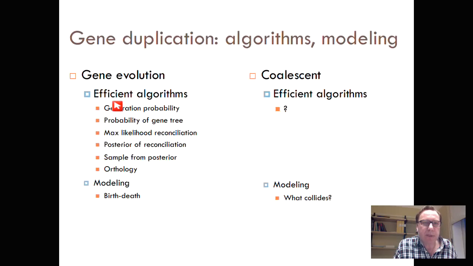Also, in terms of efficient algorithms, we have a number of efficient algorithms for basically any probability you would like to calculate: the generation probability, the probability of a gene tree, the maximum likelihood reconciliation, the posterior over reconciliations; we can sample from the posterior, and we can calculate orthology probabilities. But for the coalescent, you basically need a realization to be able to compute anything. But again, when you instead want to model lineage sorting, the coalescent is probably a much better model. Although it could be the case that the gene evolution model gives a decent approximation of the coalescent, and therefore is interesting also for lineage sorting.